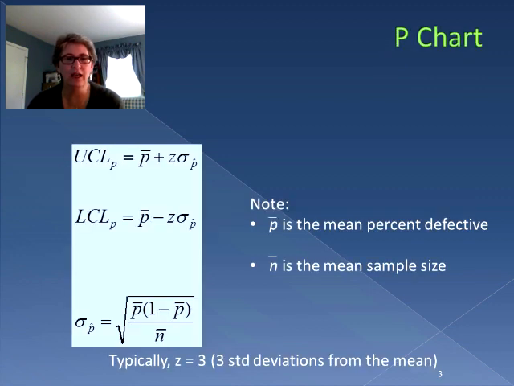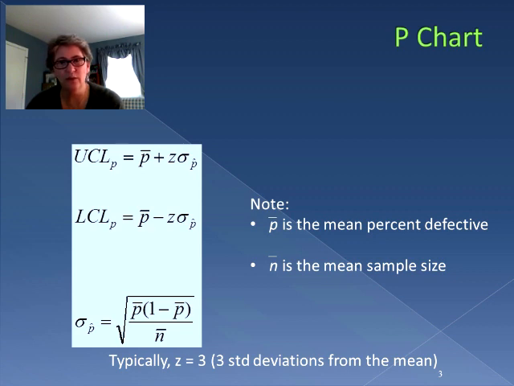When we go to create the upper and lower control limits, just like we've done before, we're going to take the mean and add a number of standard deviations above the mean, and then take the mean and subtract the number of standard deviations below the mean for the lower control limit.